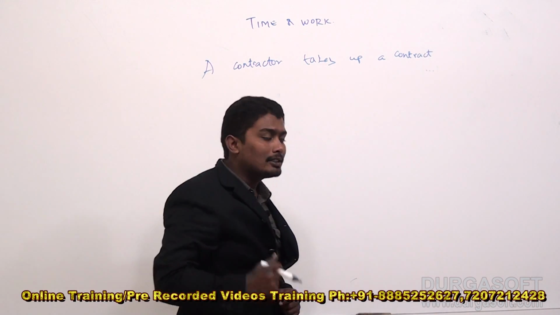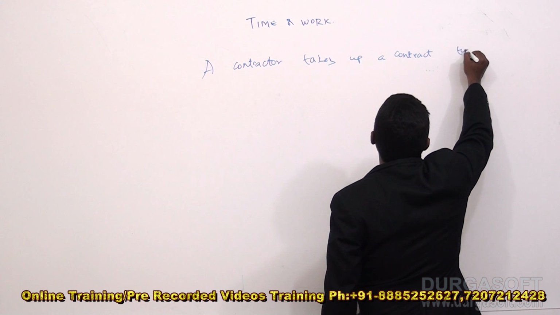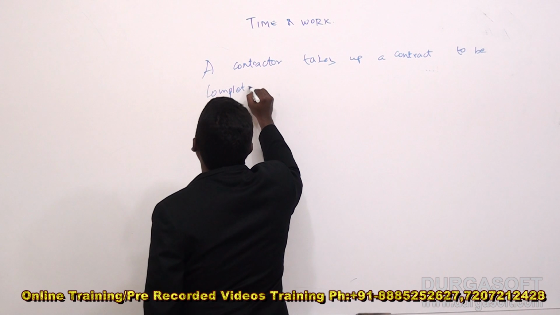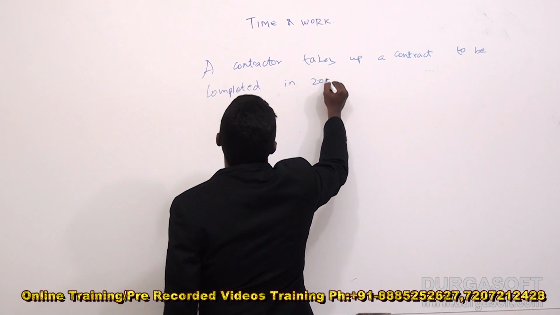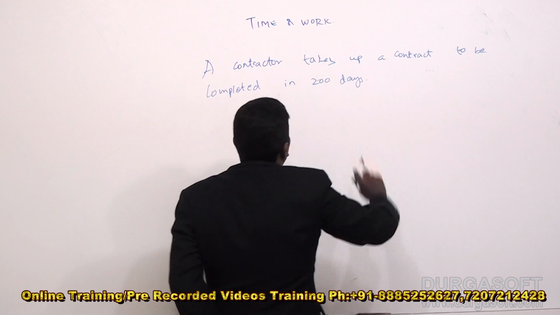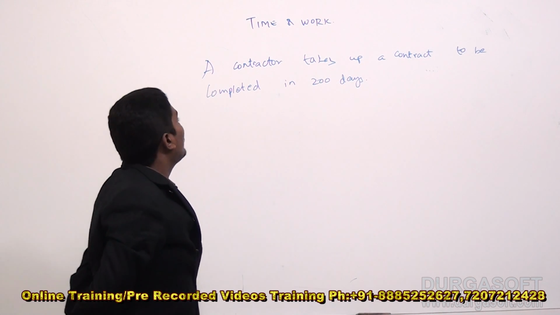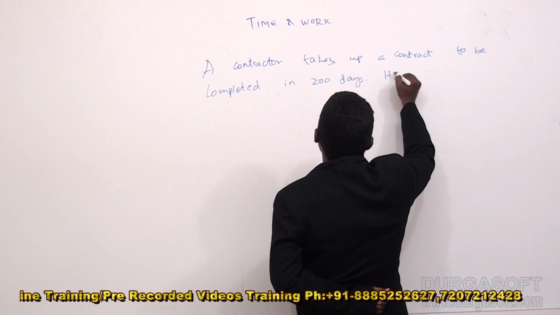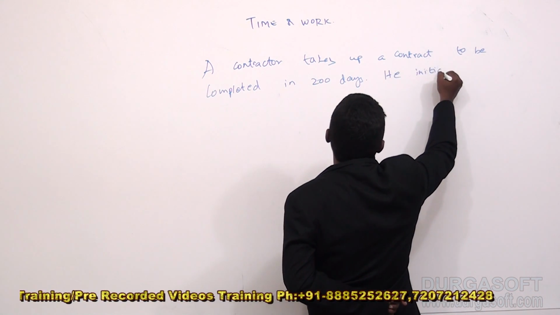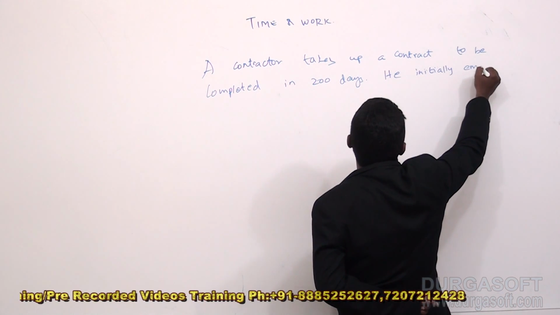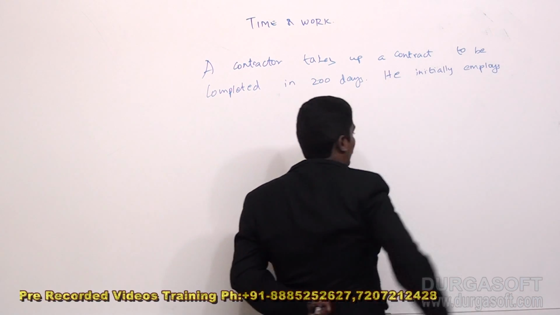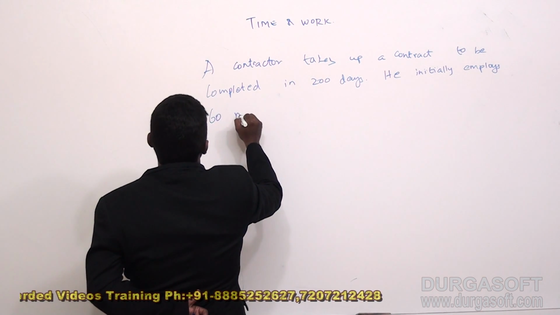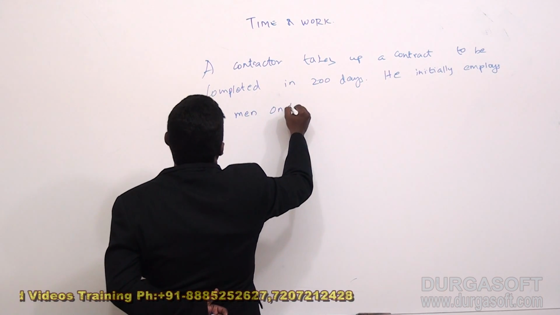A contractor takes up a contract to be completed in 200 days. He initially employs 60 men on the job.